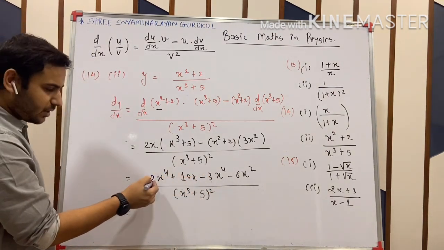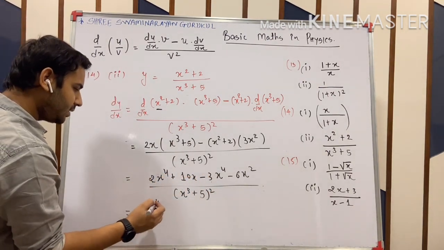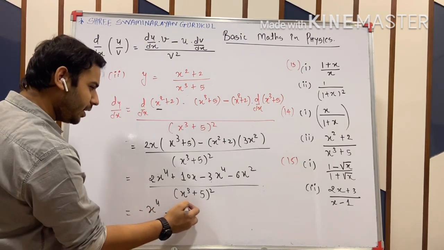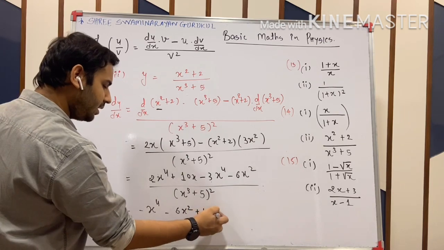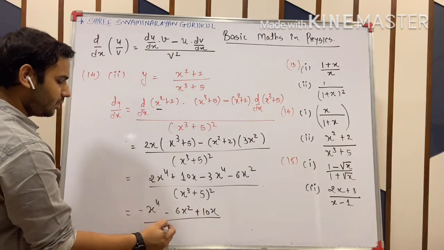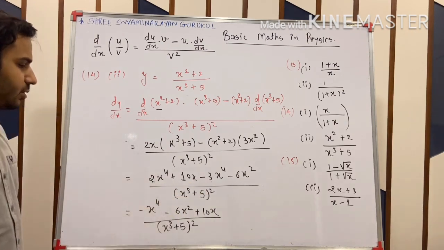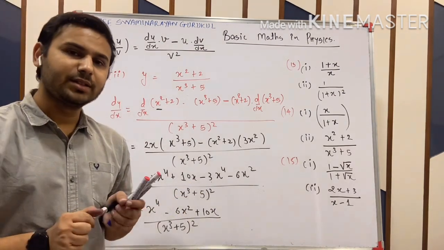Minus 3x raised to 4 plus 2x raised to 4 is minus x raised to 4, minus 6x square plus 10x, whole upon x cube plus 5 whole square. Okay, this is your answer.